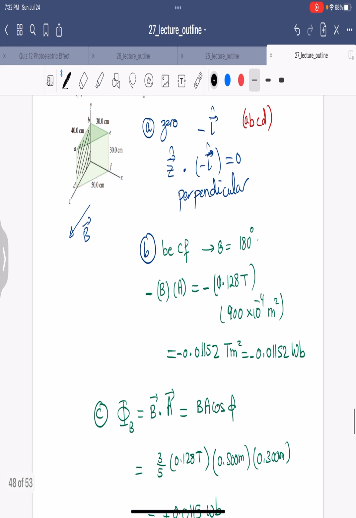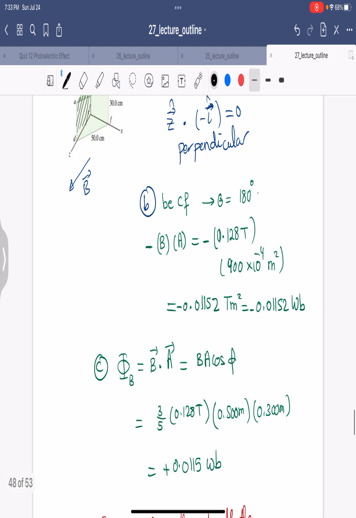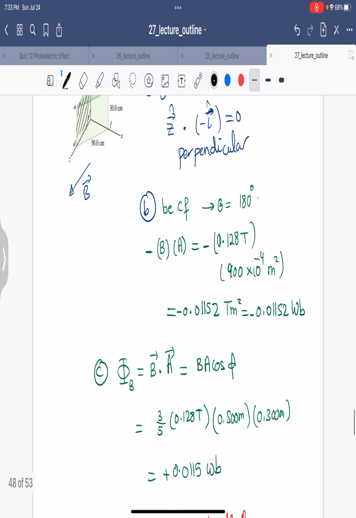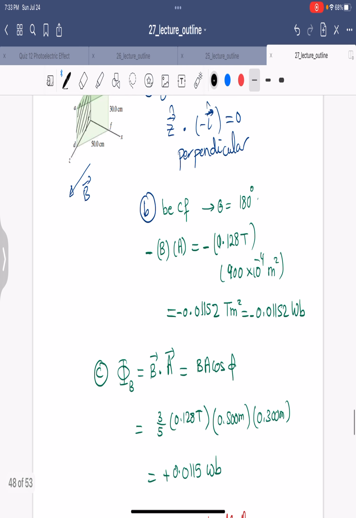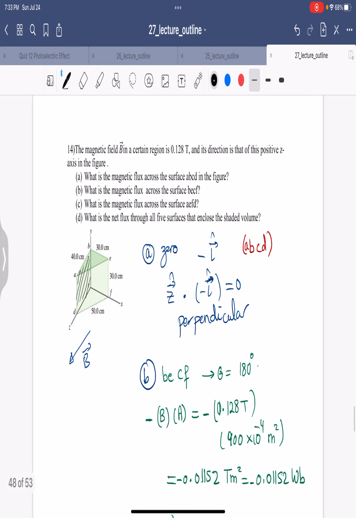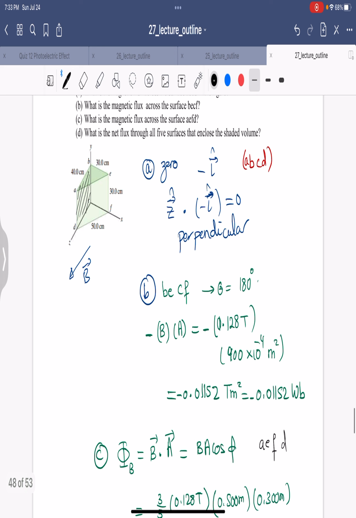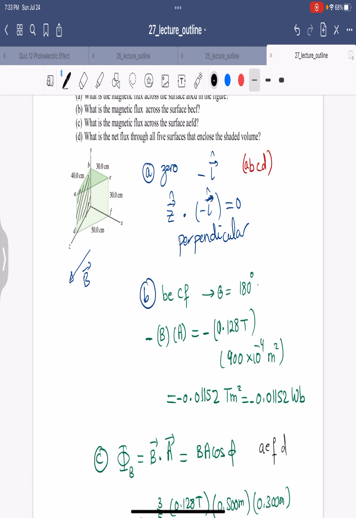Phi B is going to be, of course, B dot A, BA cosine theta. This is the surface across AEFD.